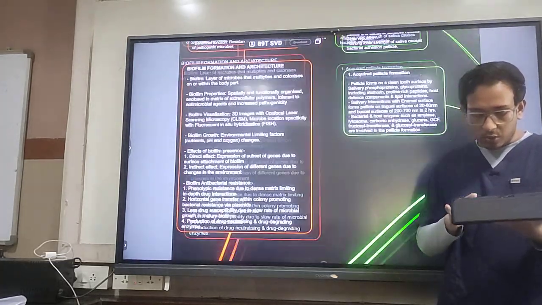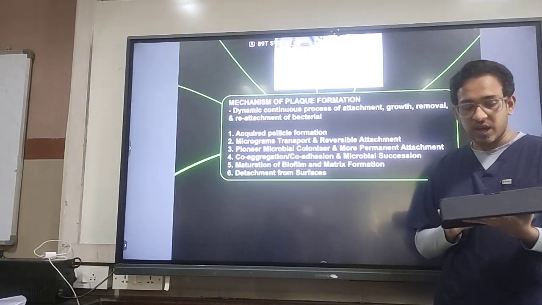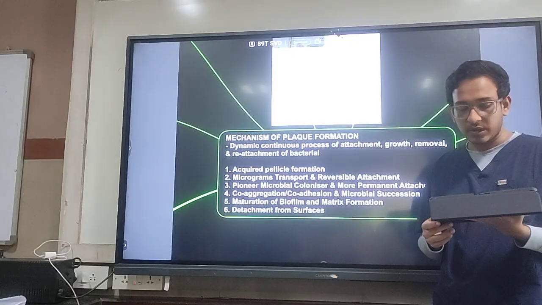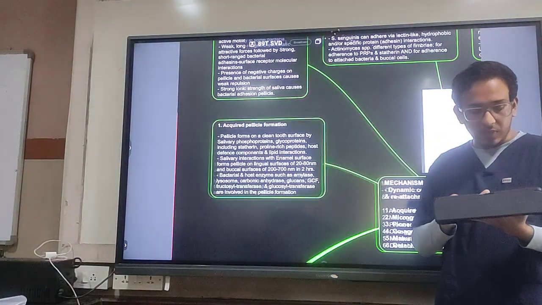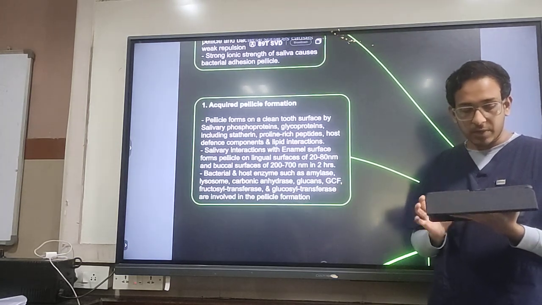So coming to the mechanism of plaque formation, it is a dynamic and continuous process of attachment, growth, removal and reattachment of bacteria. So first is acquired pellicle formation.